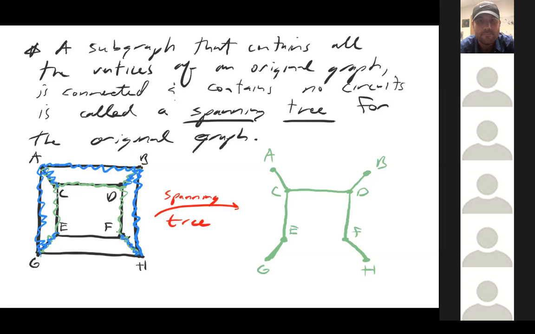Now in the blue, I've hit all 8 of the vertices. It is connected, and there are no circuits because there are dead ends in the corners, the C, D, E, and F corners. So there's more than one spanning tree for a given graph. But this first one in green is the one that I will look at for a minute.